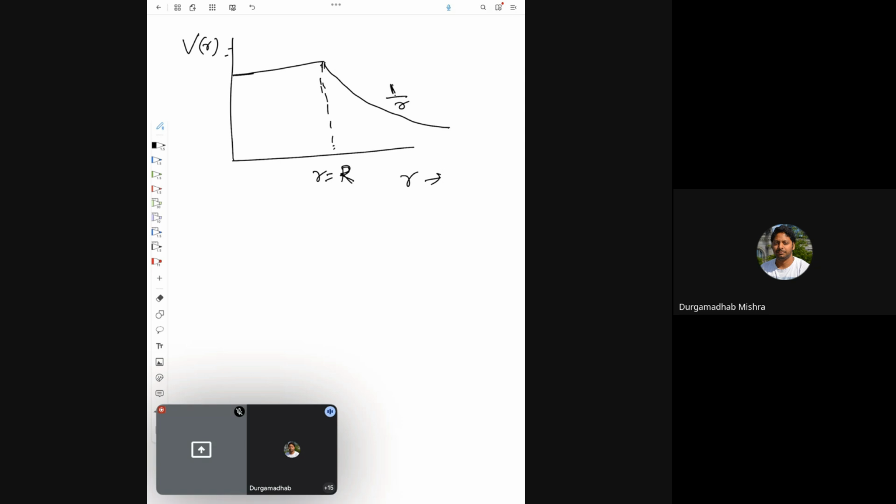Here we have taken a shell, but if I take a solid sphere, then I will have some charge distribution, the volume charge distribution rho. Therefore, if I take a Gaussian surface inside the sphere, the charge enclosed by it will not be zero. So accordingly, you have to modify your electric field and potential as well. Okay. Then we'll see another application, which is again given in your problem.